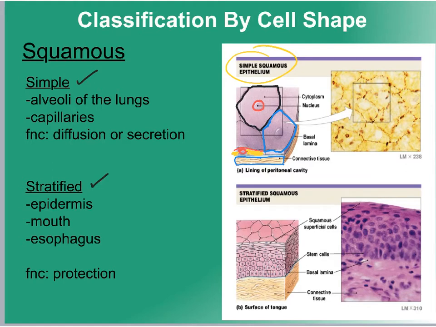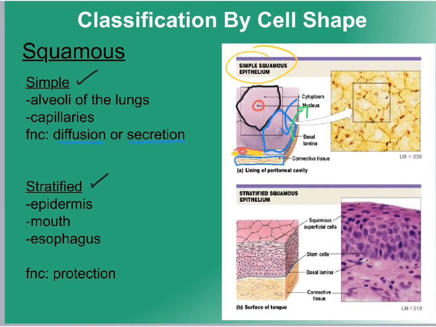Where we find tissue like this, simple squamous epithelium, are in areas where diffusion is occurring or secretion. So diffusion, meaning the exchange of something, usually into the cell, and secretion would mean secreting something out of the cell.